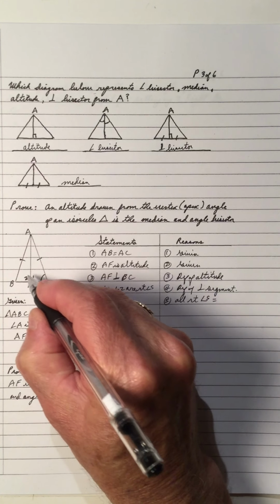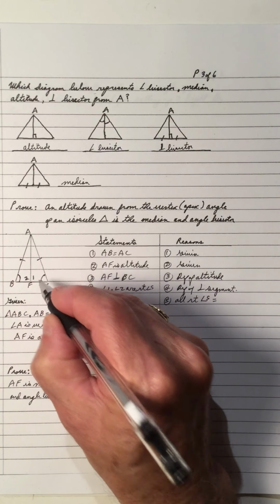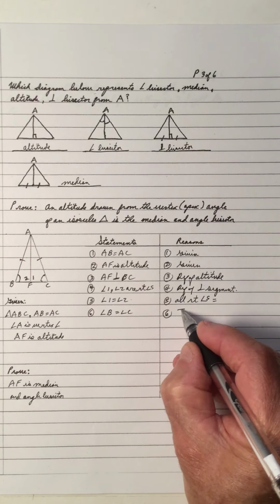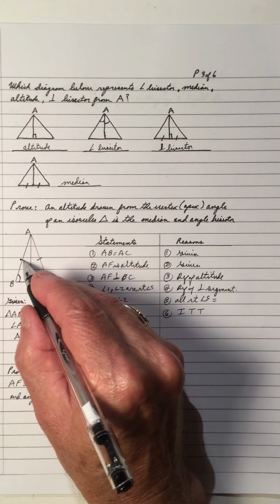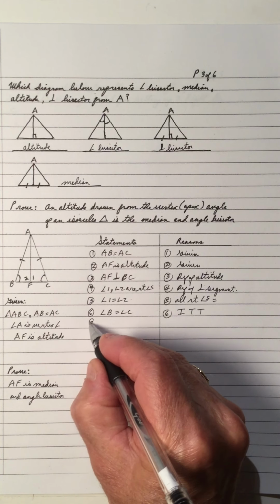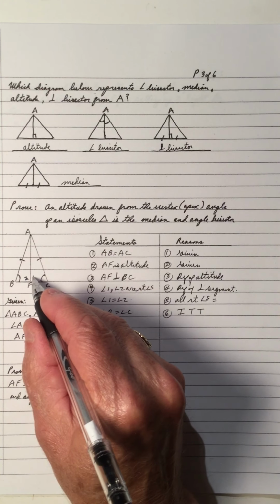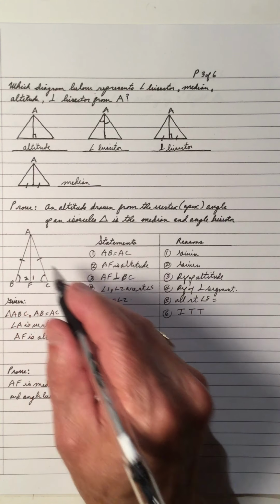So this angle B is equal to this angle C, and that's because of the ITT. If two sides of a triangle are equal, then the angles opposite those sides are equal. So now we have 1 equals 2, B equals C, and AB equals AC.